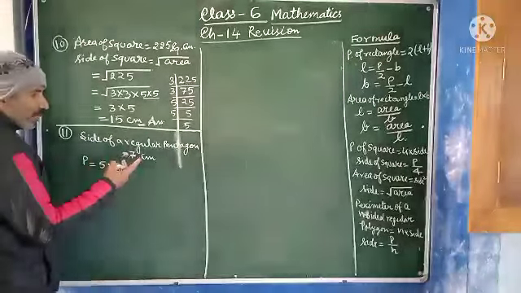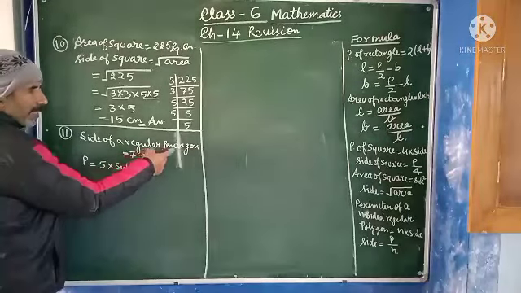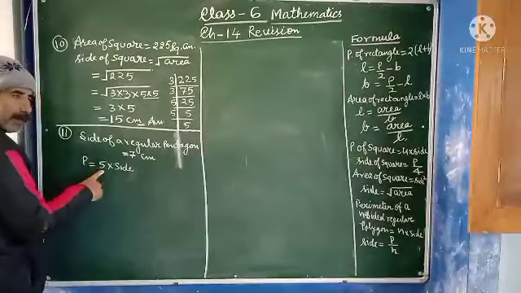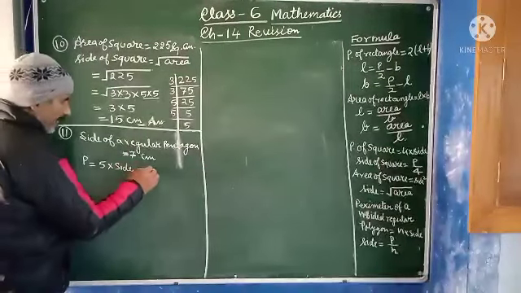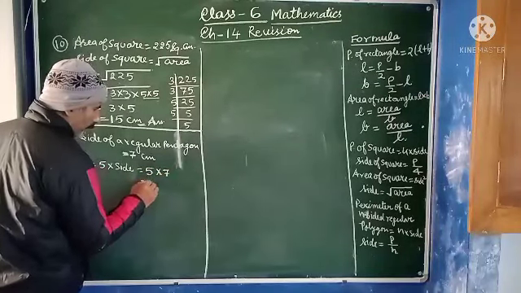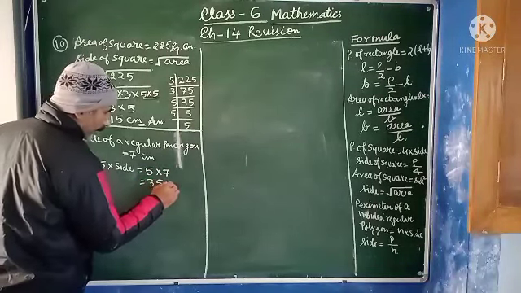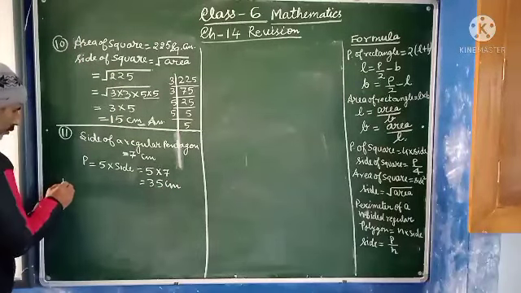If it is a heptagon, then 7 into side. So whatever number of sides the polygon has, that number into the length of side. The length of side is given as 7 centimeters. So 5 into 7, what will we get? 35 centimeters.